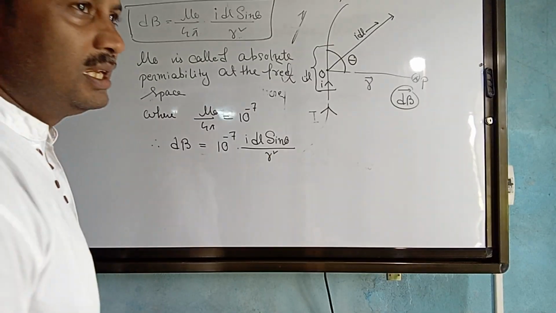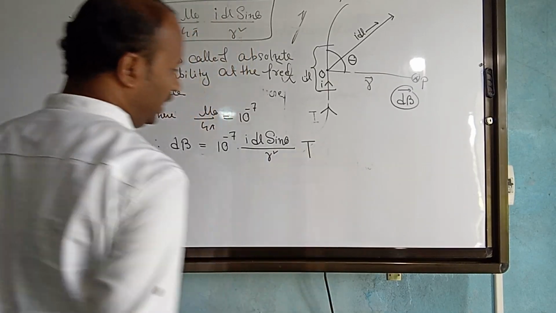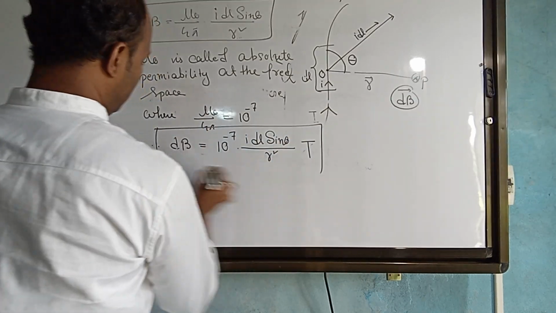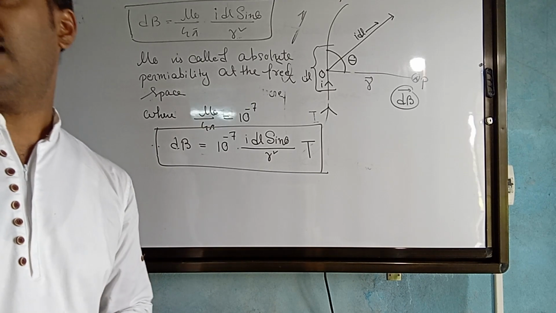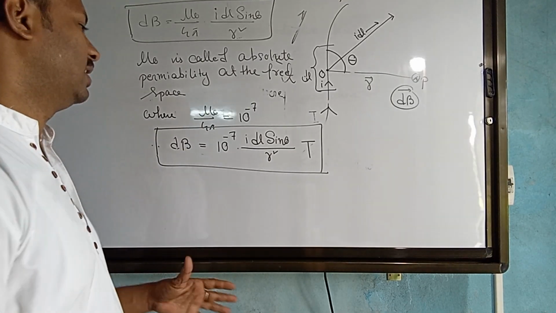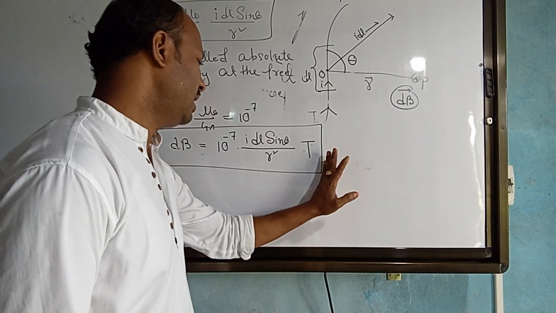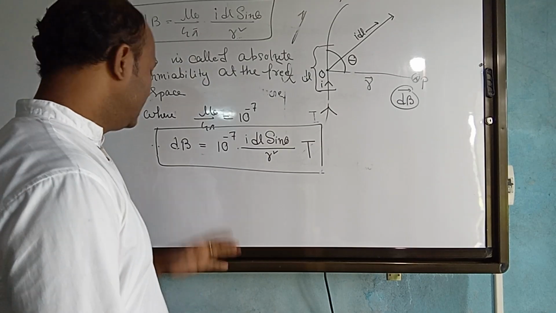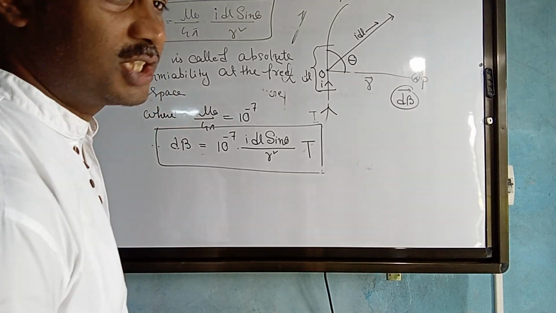Its SI unit is Tesla. So this is your formula. It is the scalar form of Biot-Savart law.